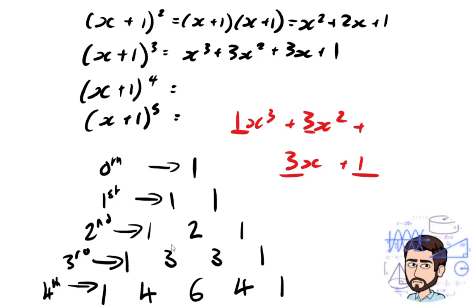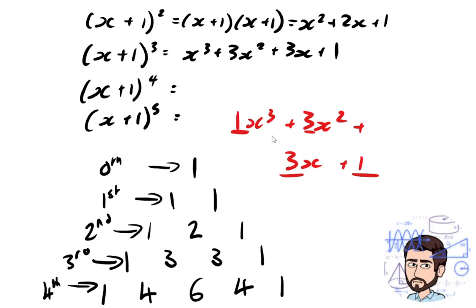Because the third row is 1, 3, 3, 1. And you get these descending powers of x. Because remember, when you expand brackets, if it's that way around, the first term is always the highest power of x, and then it goes down by 1 each time. So we get 1x cubed plus 3x squared plus 3x plus 1. So it's x cubed there, x squared, x on its own, no x.